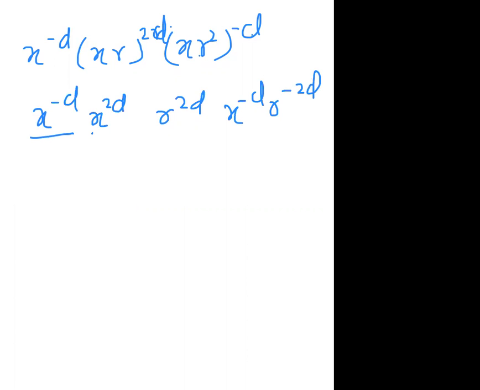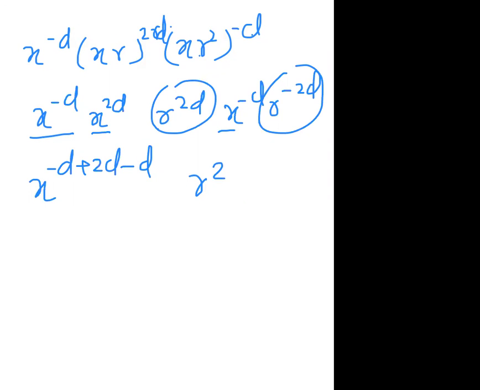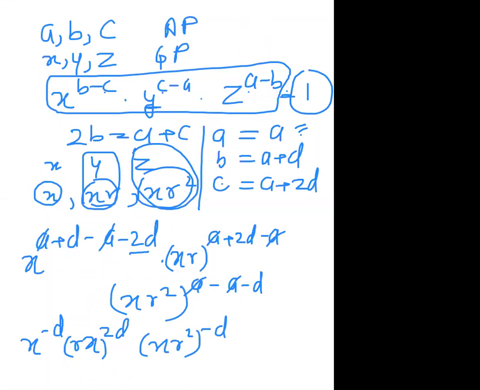Now X powers I am taking together, so in multiplication powers get added: minus D plus 2D minus D. Now R to the power, again powers get added: 2D minus 2D. We are able to see X to the power 0 into R to the power 0. Anything to the power 0 is 1, that is 1. This only was supposed to be proved.